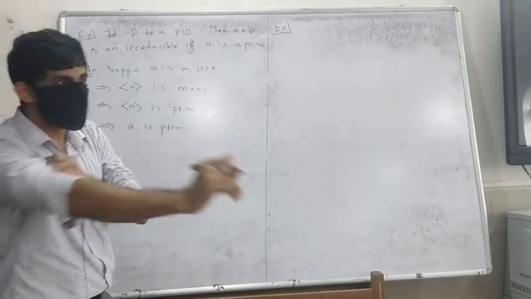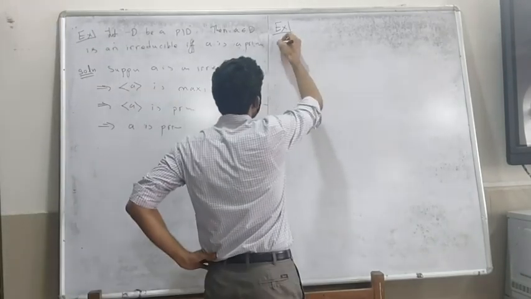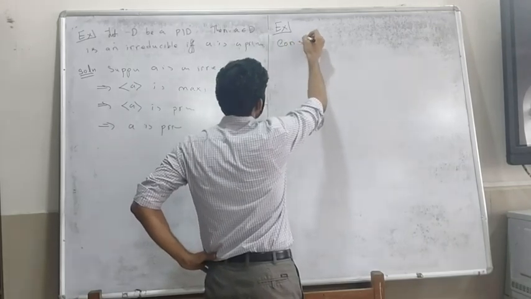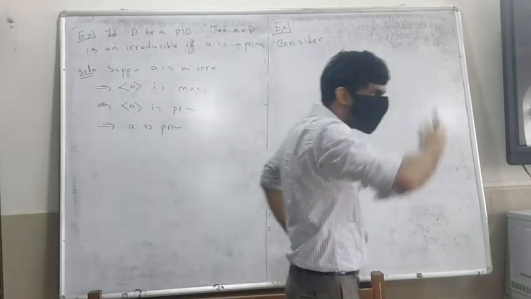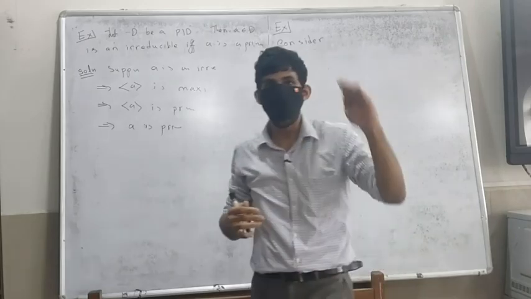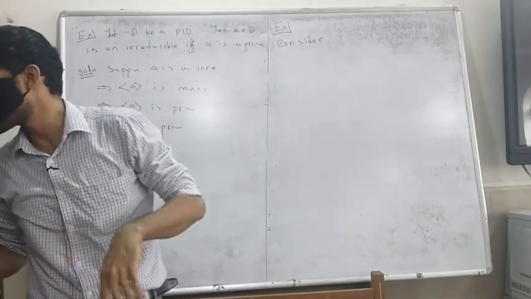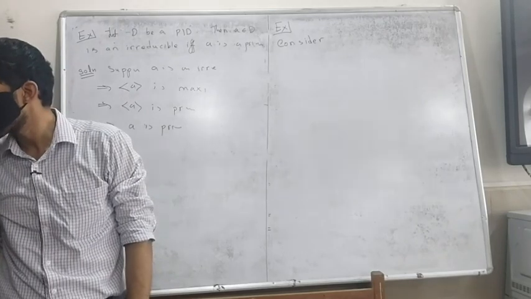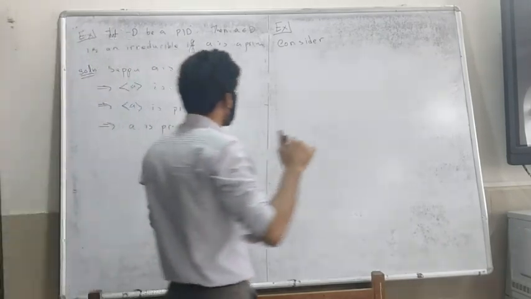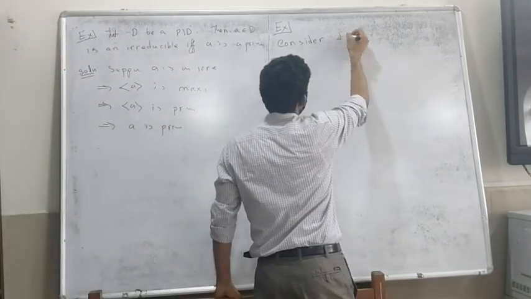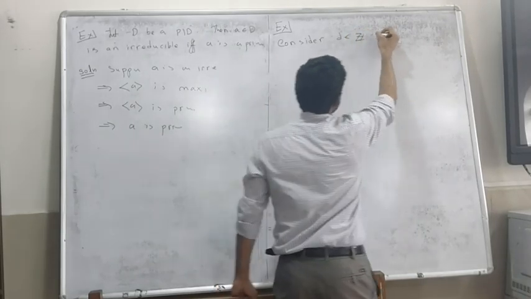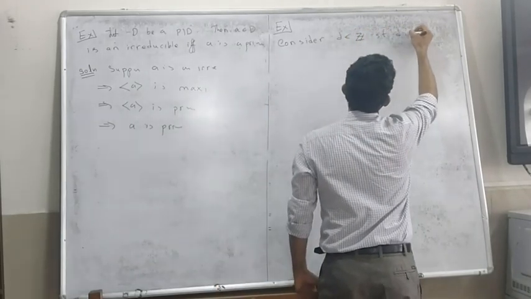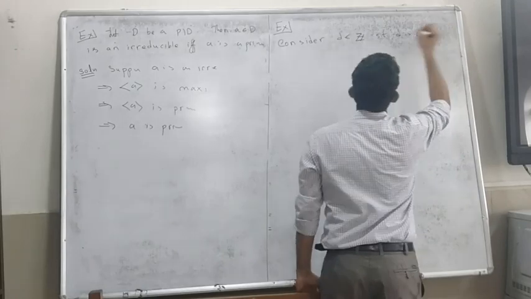So I'm going to consider this particular ring. We're going to prove a sequence of exercises, very easy, not difficult. So consider D in Z such that D is not a proper square.